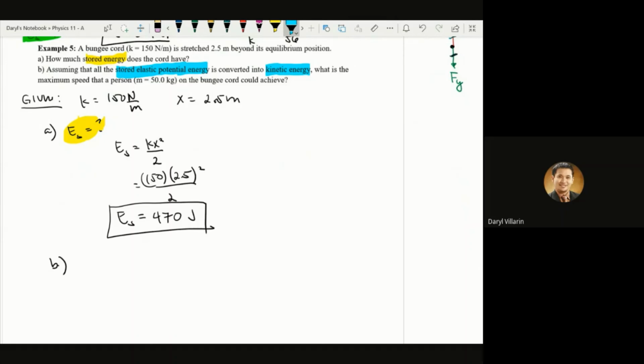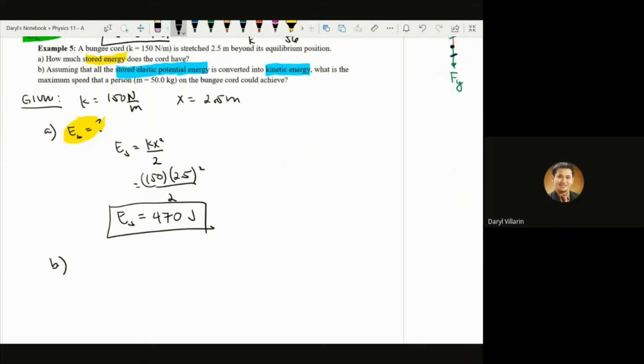In a bungee jump, you go back up because of the elastic energy stored in that particular cord. But assuming all of that elastic potential energy is converted to kinetic, what is the maximum speed? How fast will the person be moving?